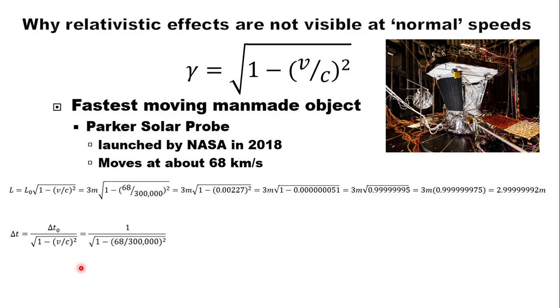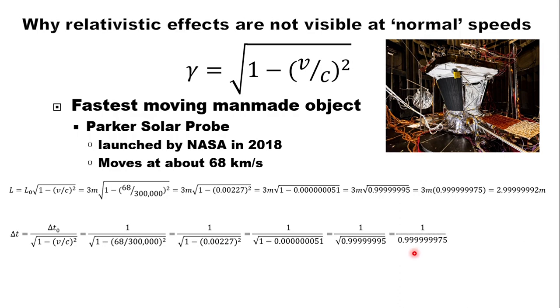Well, if we plug these numbers in again, 68 kilometers per second and the speed of light, and we do all the calculations, we find that the time of the Parker Solar Probe's clocks has dilated from 1 second to 1.000000003 seconds.